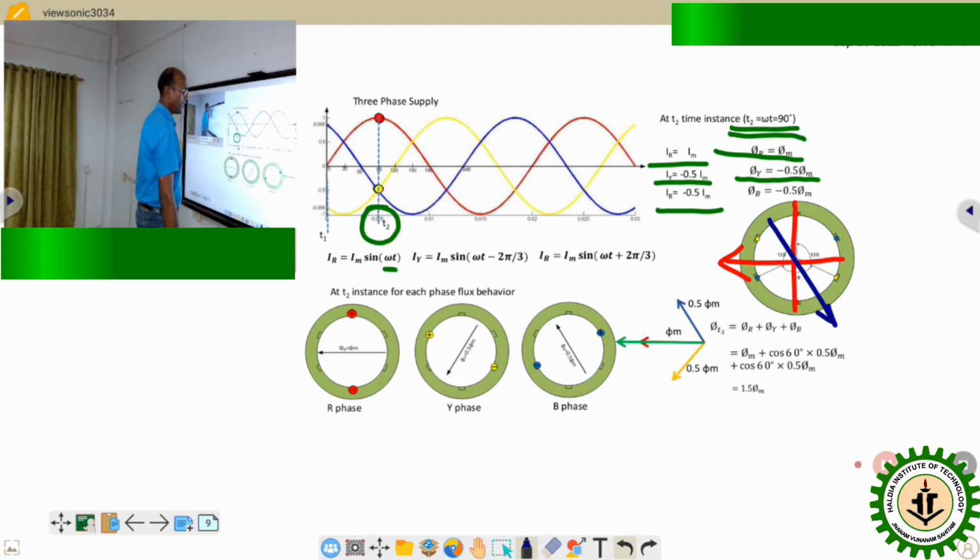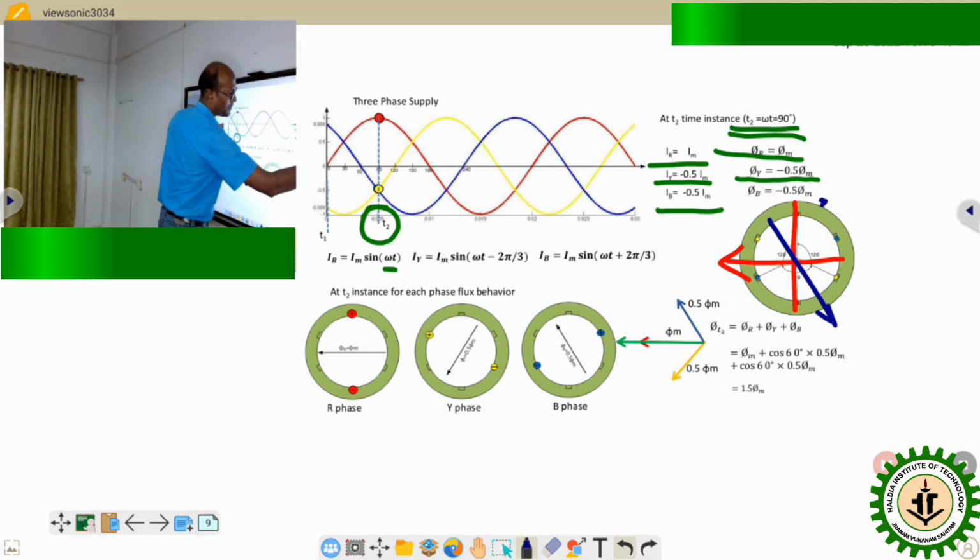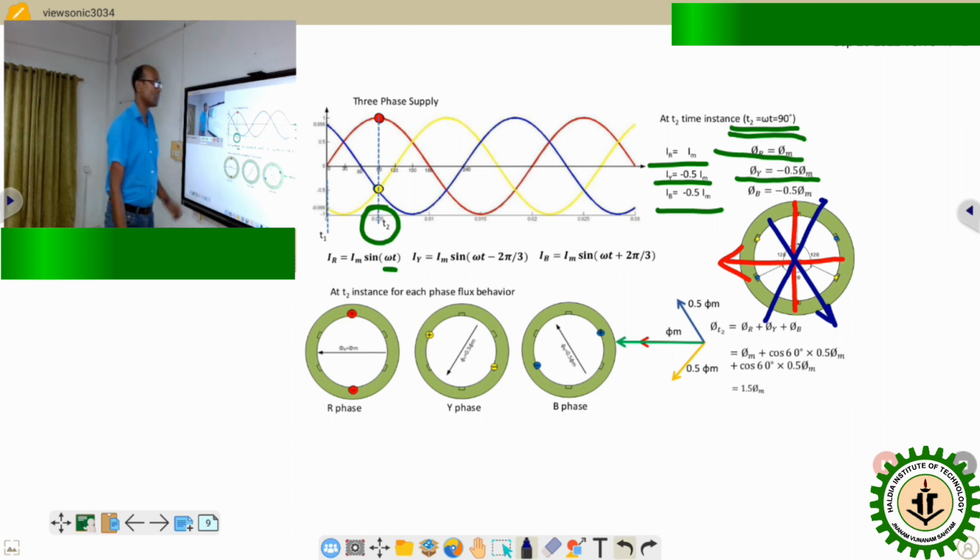Okay, and the contribution of the yellow phase is perpendicular with respect to the yellow phase axis, towards that direction. If we again add up these three contributions with their proper magnitude, for the R phase, because it is positive, we put R as positive and R dash as minus.